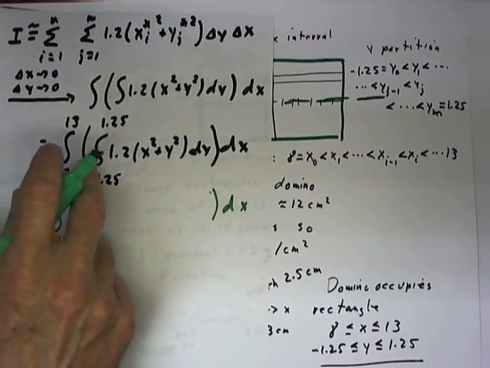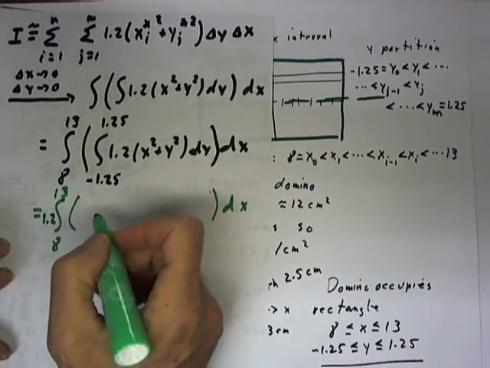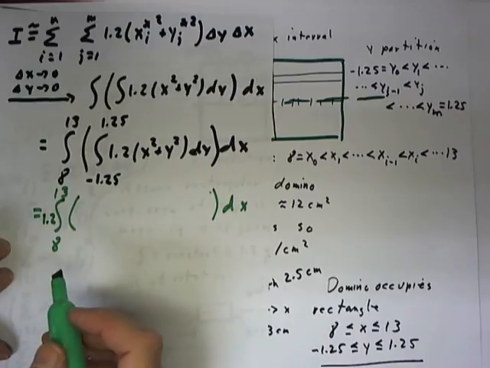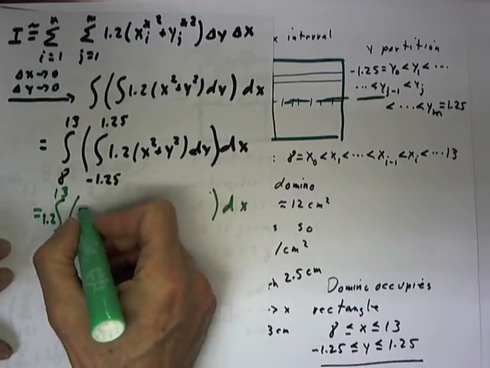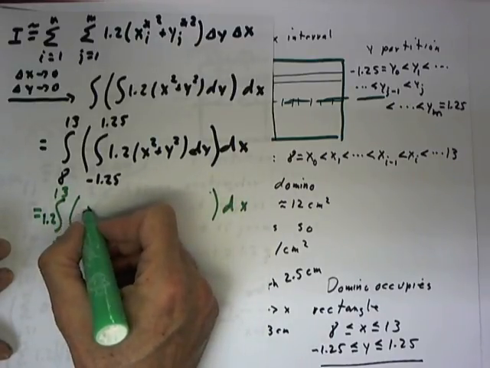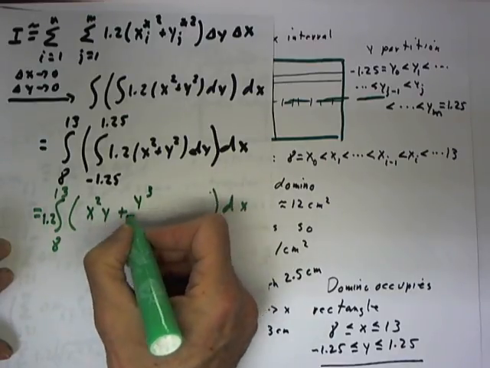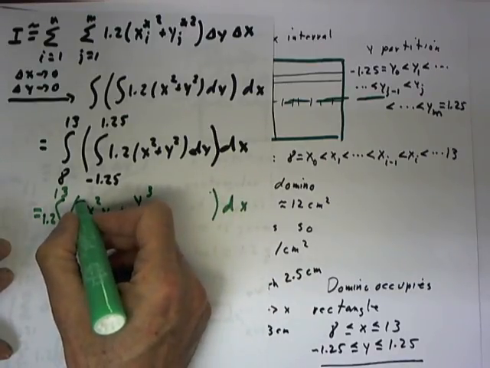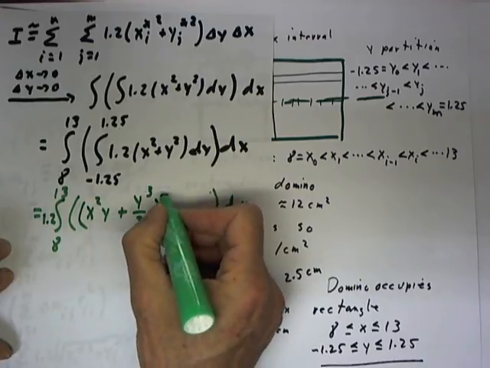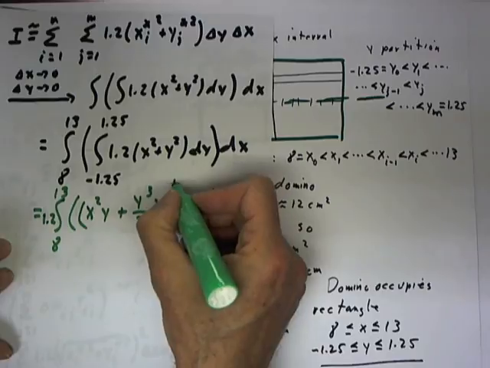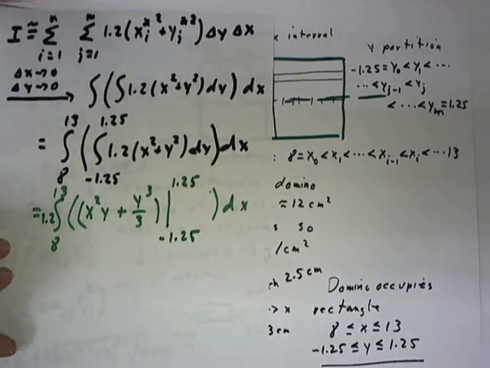It's going to factor out of this integral, then out of this integral. Now we've just got to integrate x squared plus y squared with respect to y. Our antiderivative is x squared y plus y cubed over 3, evaluated between negative 1.25 and 1.25.